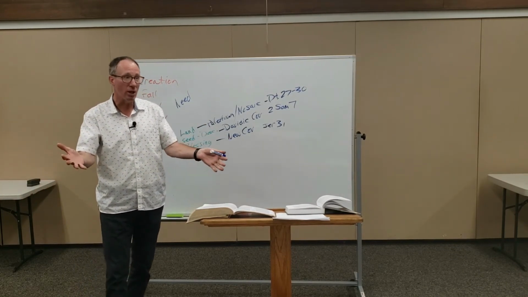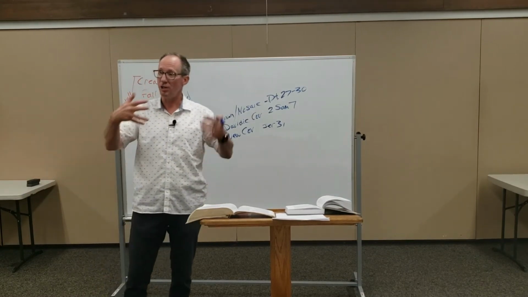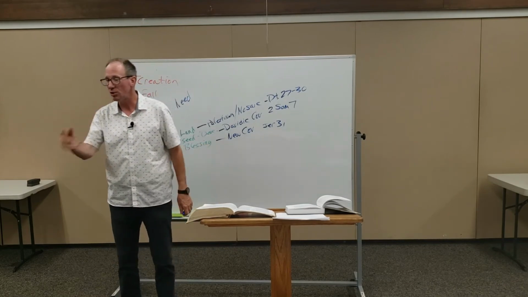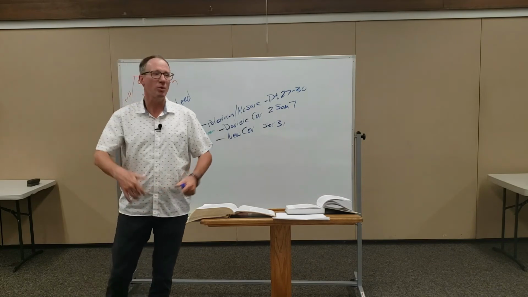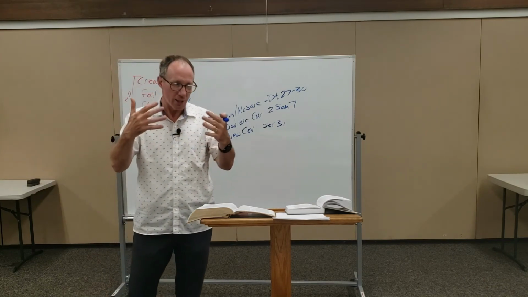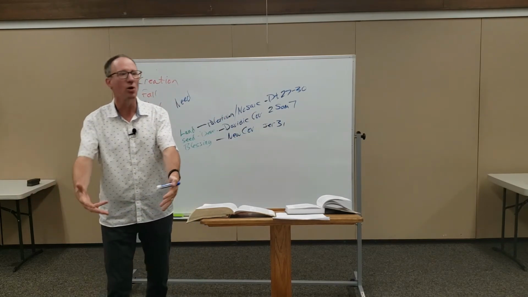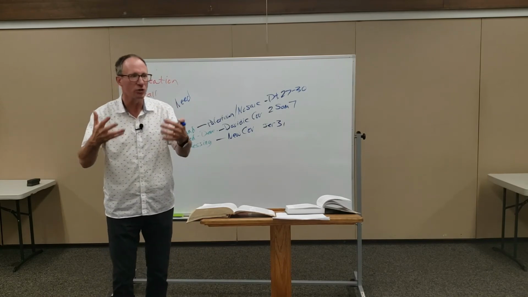I'm not sending you to a land where you're going to draw water out of the Nile, and the Nile's going to flood, and you can count on the floodplain to get your water for your crops. No, I'm sending you to a land where the water is going to come out of the sky. The water is going to come from the rains from heaven, and if you do not keep my word, if you do not walk in my ways, I'm going to withhold the rain. I'm going to withhold fruitfulness from you.